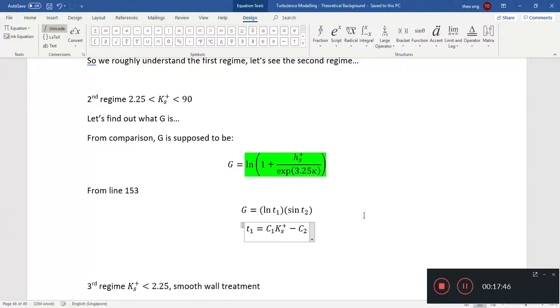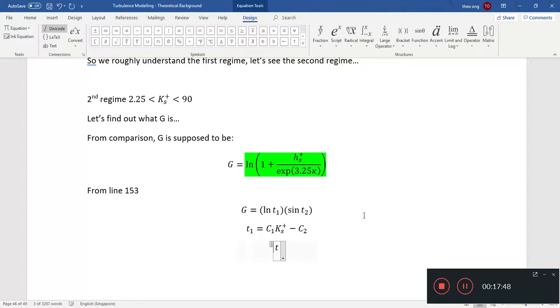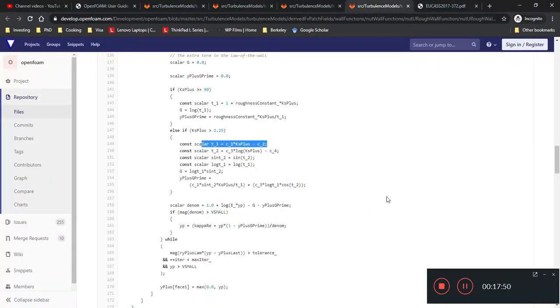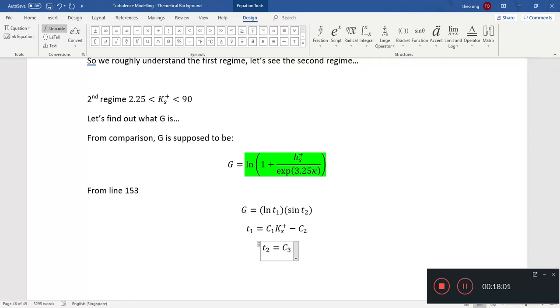Looks like a fair bit. And what is T2? T2 is C3 ln Ks plus minus C4.